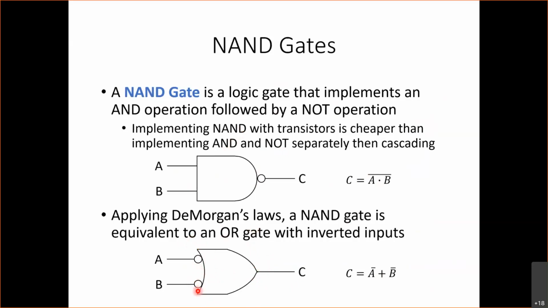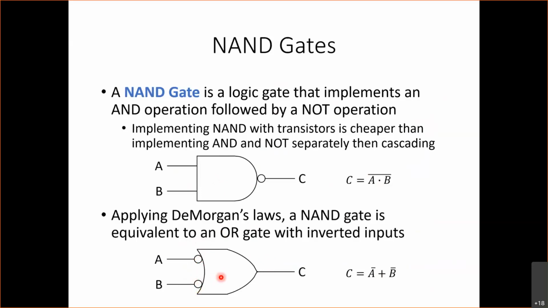I'm not going to go into the reasons why. Our friends in ECE have entire courses on these things. If you're interested, we can talk about it in office hours. But it's just good to know that these NAND gates, which can be drawn like this or like this, are cheaper than AND and OR separately, and they are universal.